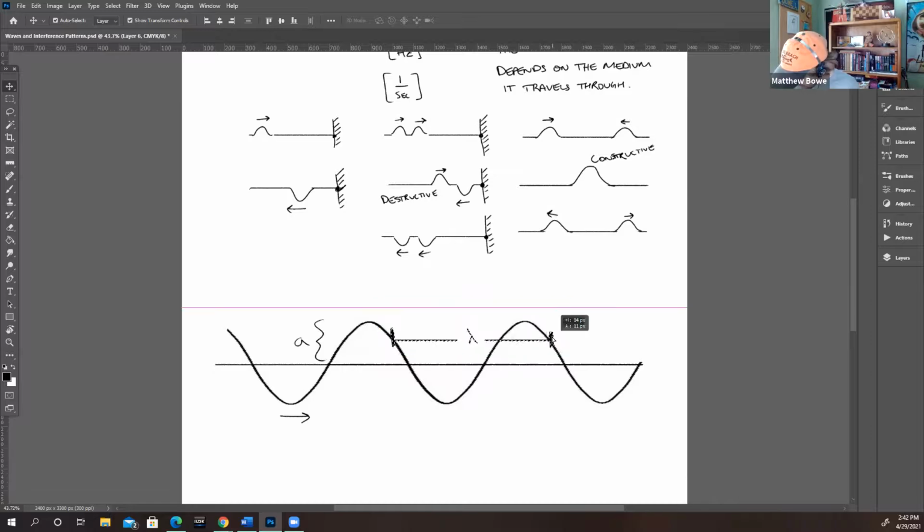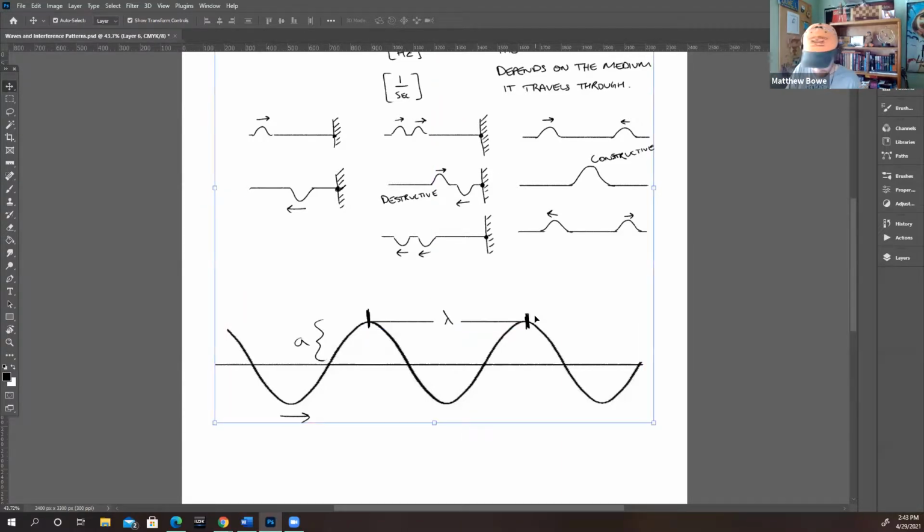I can take this one wavelength, and anywhere on this wave will be a point where it has gone through a cycle, and then right after it starts to repeat itself. So instead of right here, let's move it up to the peak. So that is also one wavelength. It goes down and then all the way up to the peak again, and then starts repeating itself.